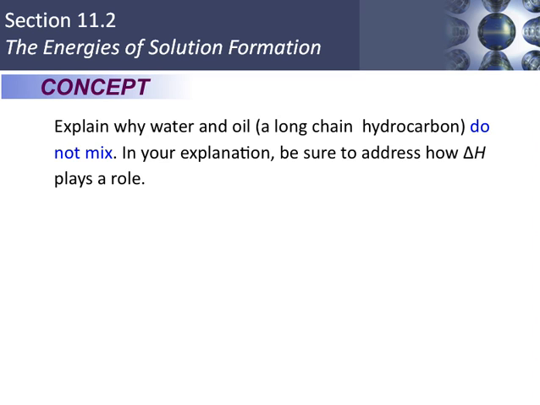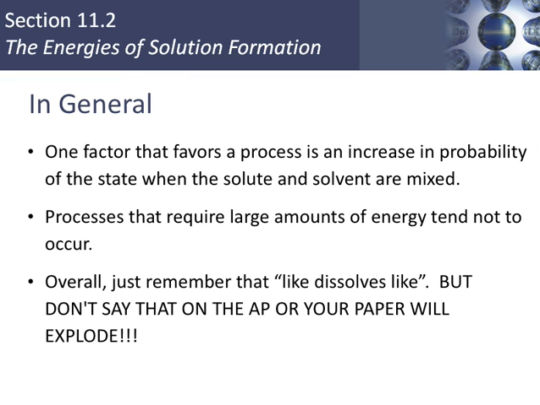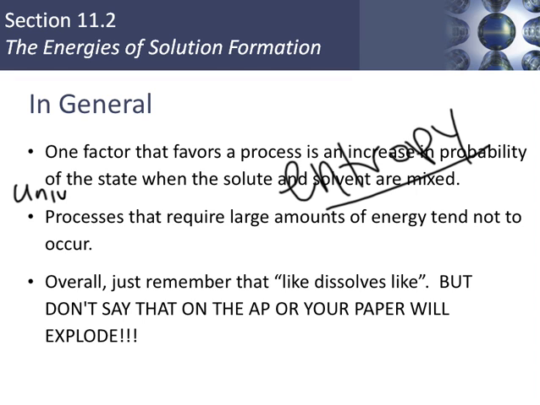And that's the same question. All right, in general, one factor that favors a process is an increase in probability of the state where the solute and solvent are mixed. What the heck is that saying? That's what that's saying. Entropy. The universe favors disorder.